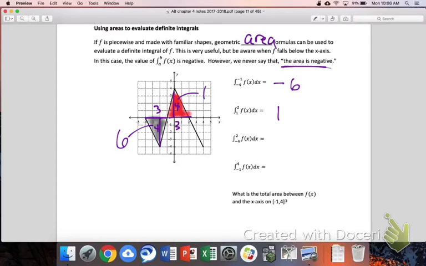The area up here is 6. But those are just areas. As I accumulate from left to right, won't this gray area show up as a -6? And the red area would show up as a +6? So you should get -6 plus 6, which is 0. Does that make sense? Any questions on that one?